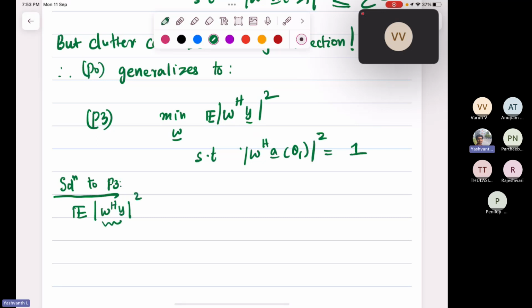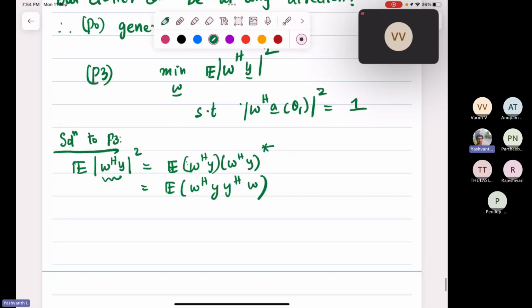W Hermitian Y is a number, right? This can be written as the expected value of W Hermitian Y into W Hermitian Y conjugate. This is nothing but the expected value of W Hermitian Y into Y Hermitian W. But W's are not random, so this is W Hermitian into the expected value of Y Y Hermitian, into W. But what is this?